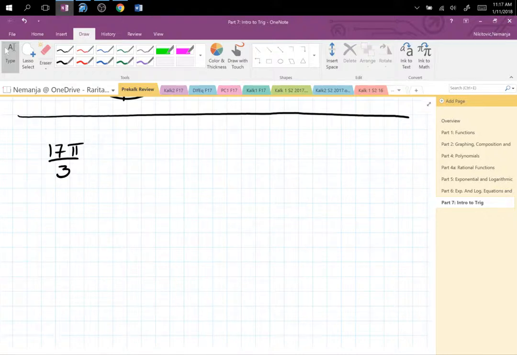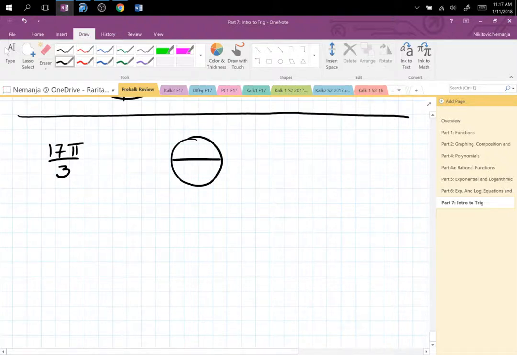Since the denominator is 3, that means that the top part of the circle, 0 to pi, is cut in 3 pieces. If the top is cut in 3, then the same 3 pieces on the bottom, the full amount of pieces is 6. So the full circle is 6 pi over 3.